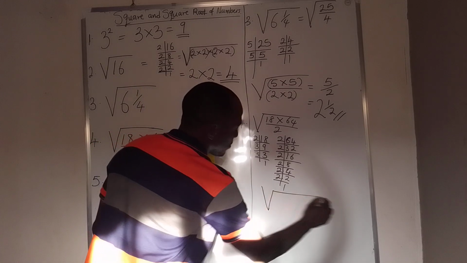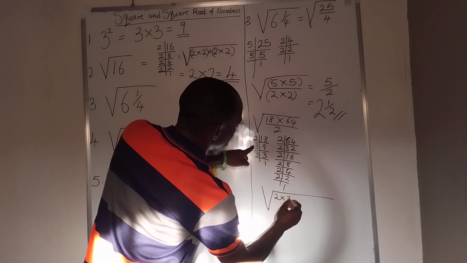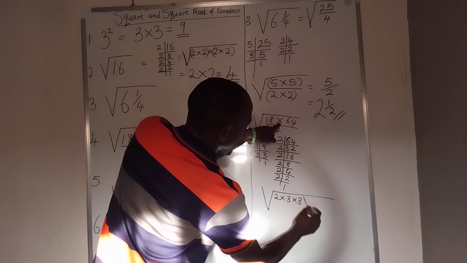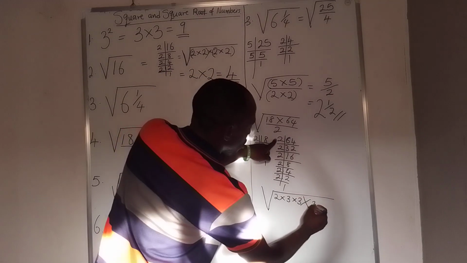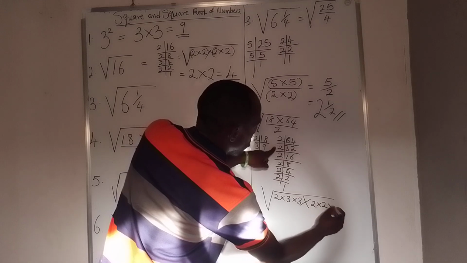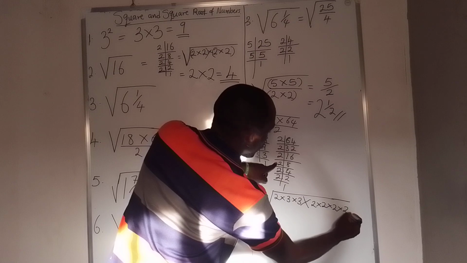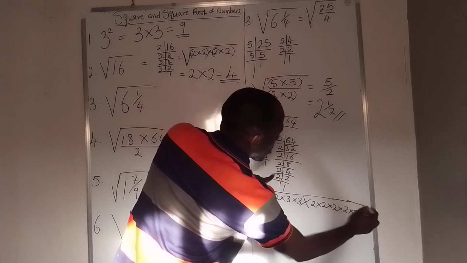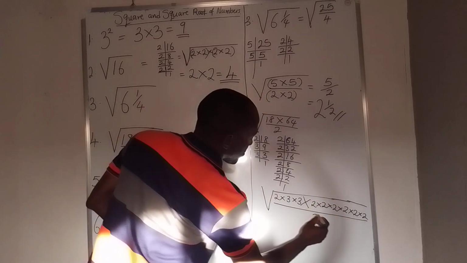For 18, we have 2 multiplied by 3 multiplied by 3. For 64, we have 2 multiplied by 2 six times, all over our 2 here.